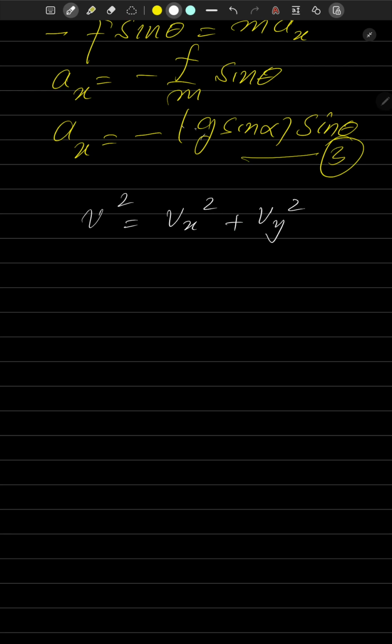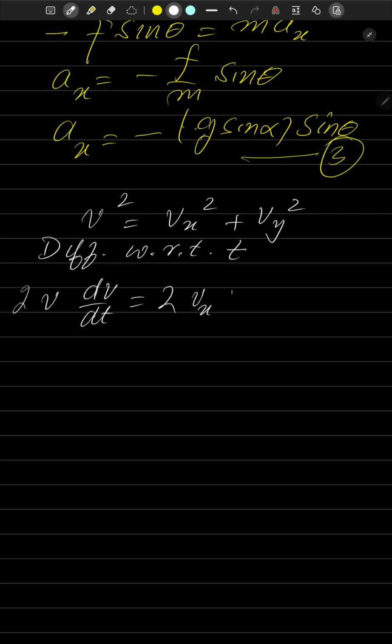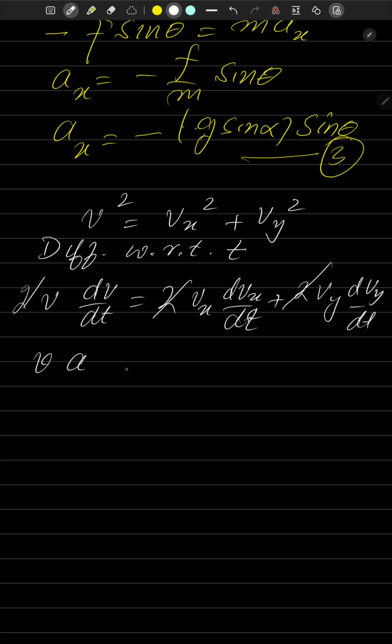Let us differentiate it with respect to time. I don't think at this level we have to discuss how to do the differentiation. So at any instant, what is going to happen? This is the story. Here 2 gets cancelled and you get v and a.